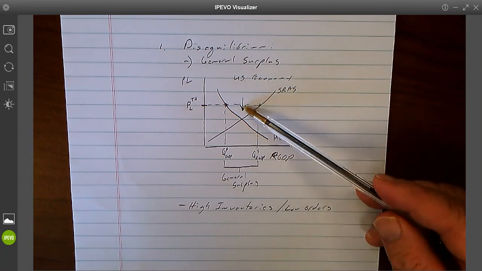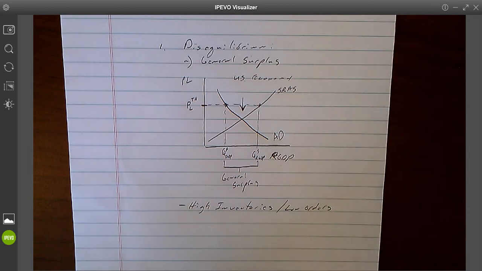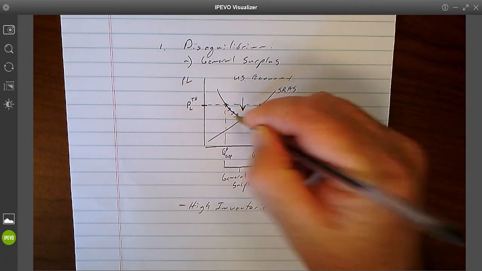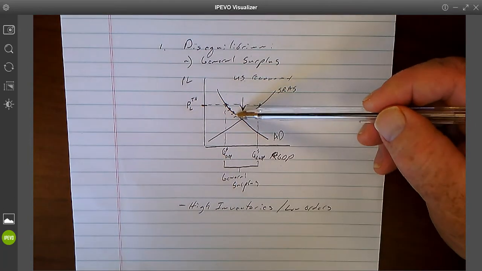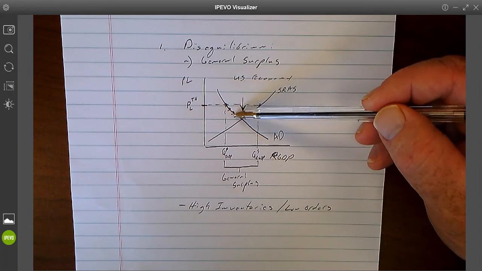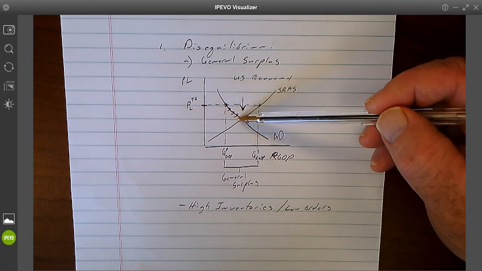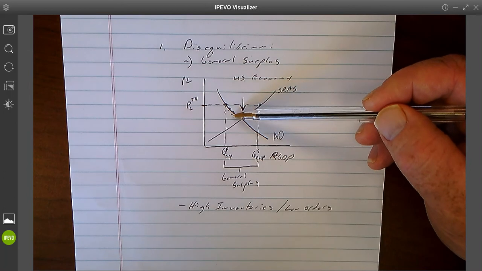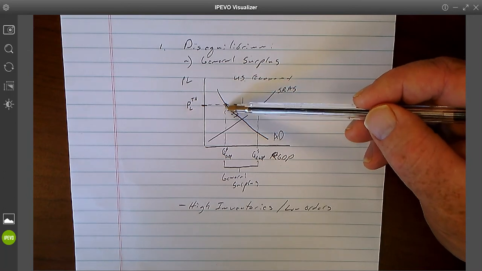As price starts to drop for all goods and services, so that's the price level, we're going to see an increase in the quantity demanded. As the price level goes down, real balances are higher, so people want to buy more. As the price level goes down, interest rates fall, and people are willing to borrow and spend more. And as the price level of U.S. goods goes down, foreigners are willing to buy more stuff from the United States.